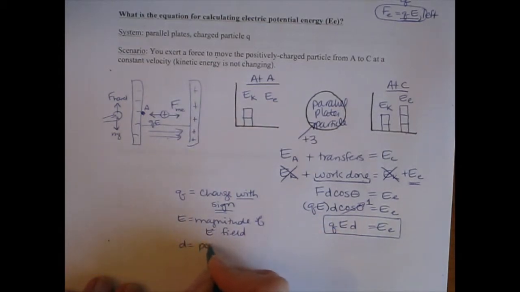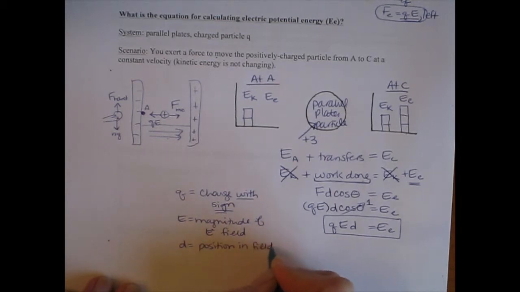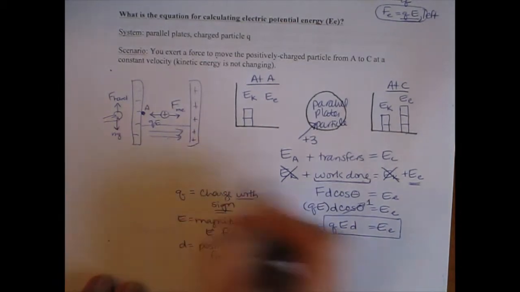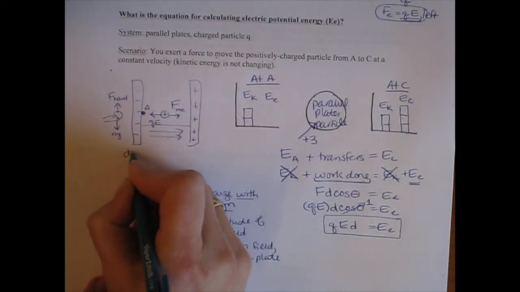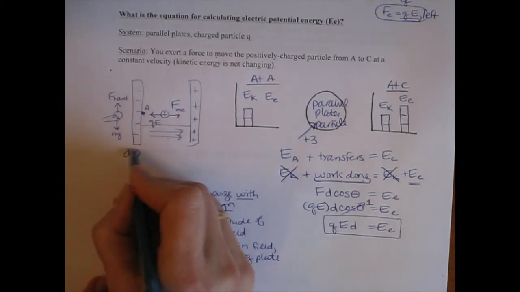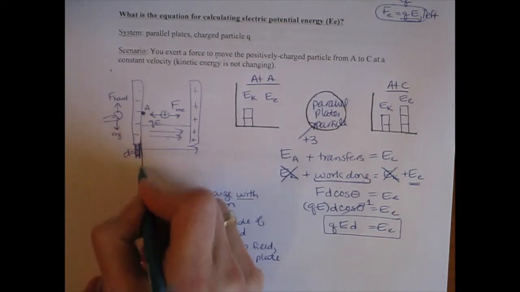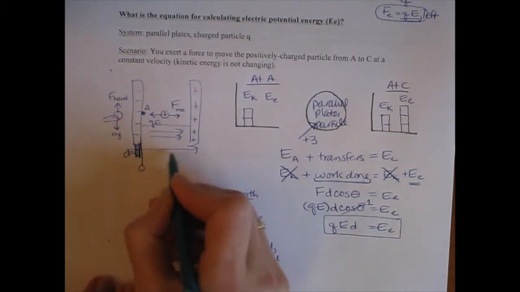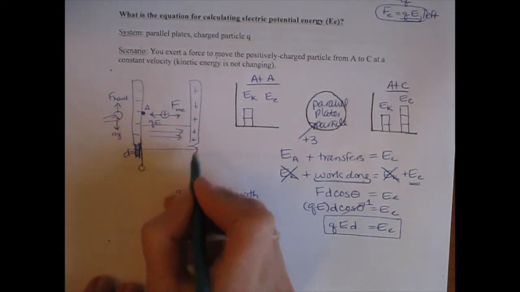And D is the position in the field, and that is from the negative plate. So we are always going to set our D-axis going this way with the 0 value right here at the negative plate. So that's D equals 0, and then positive D values here.